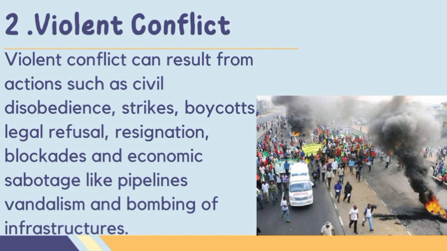We also have bombing of infrastructure and vandalizing pipelines. These things happen in the southern part of the country, whereby in some states people go to pipelines and start vandalizing and stealing crude oil. So these are the two types of conflicts: non-violent and violent.